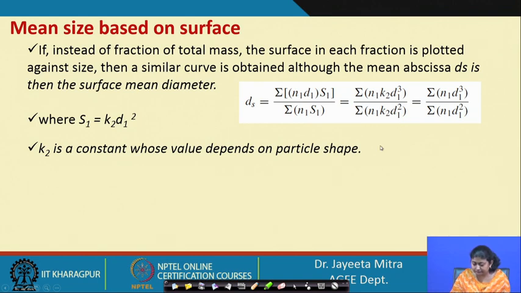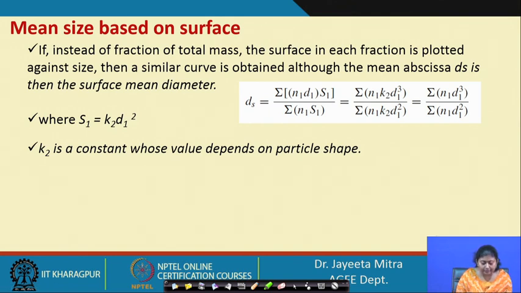Ideally, if the surface area is S1, the number of particles is N1 and the uniform surface area is ds, that will be equivalent to all the different fractions N1 d1 with S1.